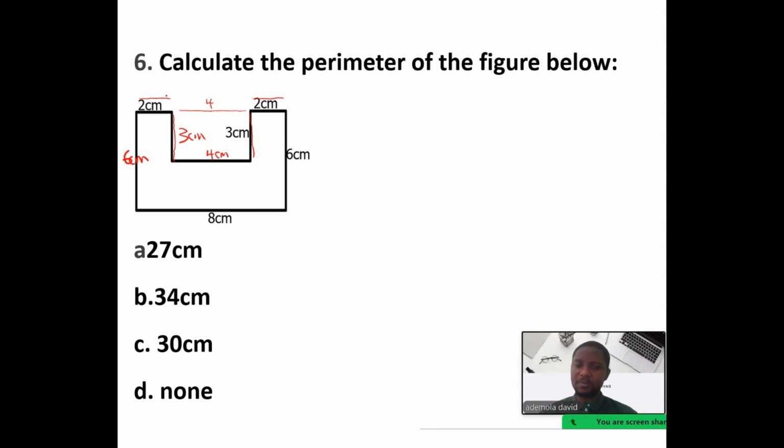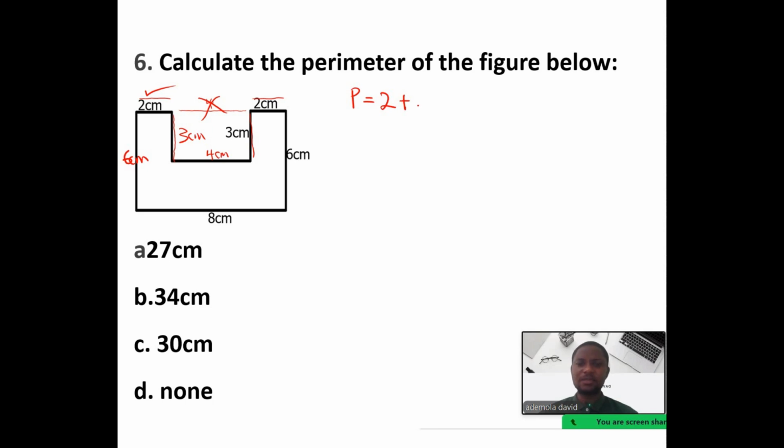Don't forget, perimeter is the distance around the shape. So don't be confused with this 4. It's not part of the distance around the shape. It's just there for us to get a missing information. So let's go. And I always encourage students, when you're adding all the numbers around a shape, wherever you're starting from, mark it and go clockwise.